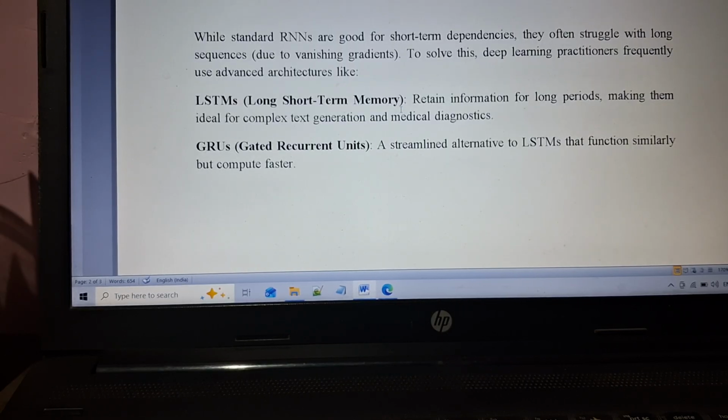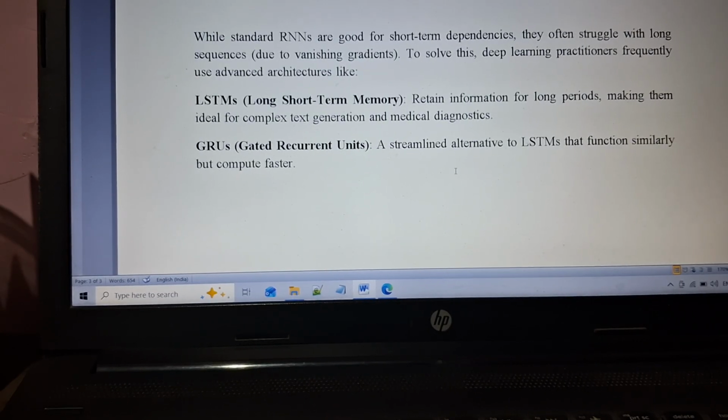Advanced variants of RNN. While already discussed in the above topic, RNN variants, the same topic is here. While standard RNNs are good for short-term dependency, they often struggle with long sequences due to vanishing gradient. To solve this, deep learning practitioners frequently use advanced architectures like LSTM, long short-term memory, which retains information for long periods, making it ideal for complex text generation and medical diagnosis.